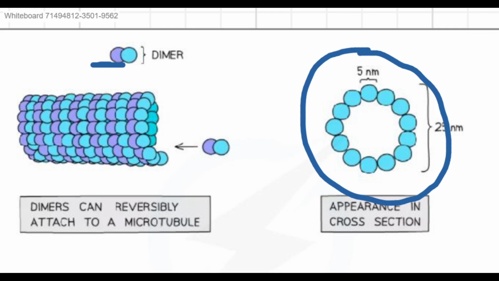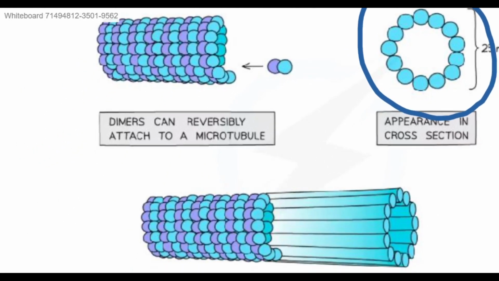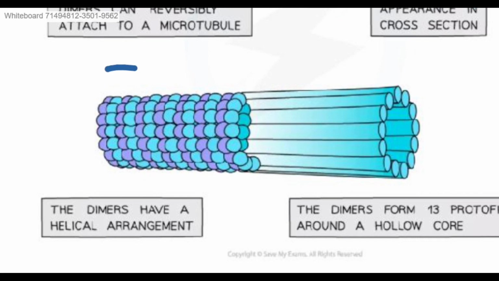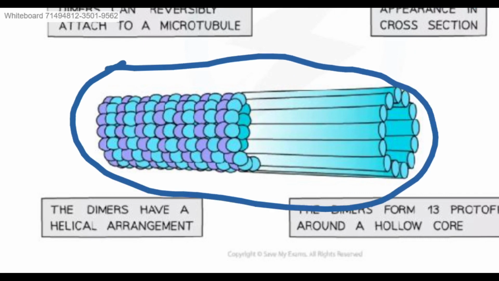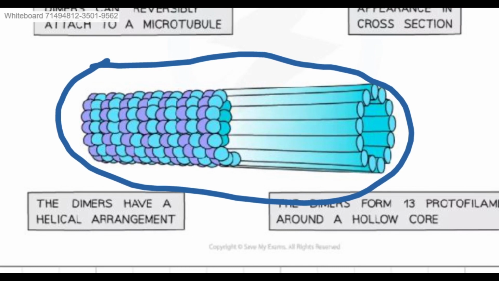So 13 dimers combine together to form this cylinder. This cylinder is made up of 13 protofilament dimers around a hollow core.